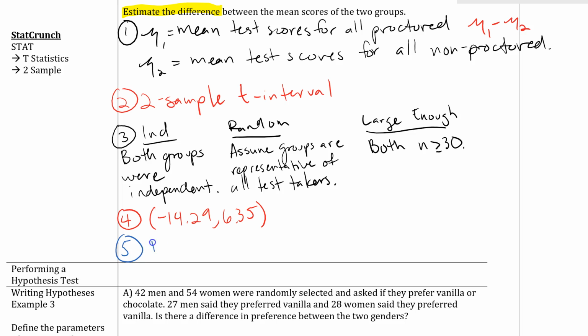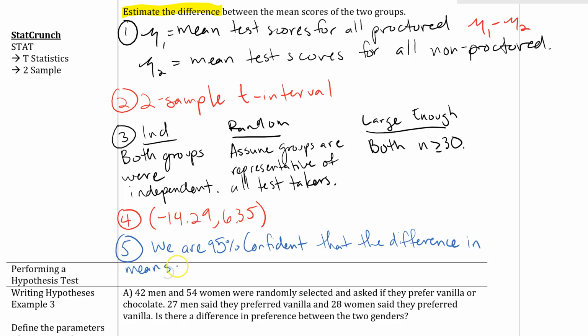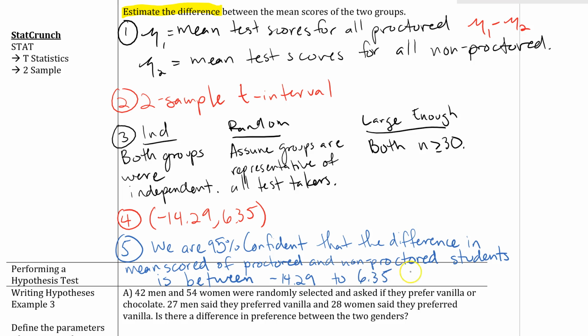So we are 95% confident that the difference in mean scores between proctored and non-proctored students is between our interval of negative 14.29 to 6.35 points. And there we go. 5 steps.